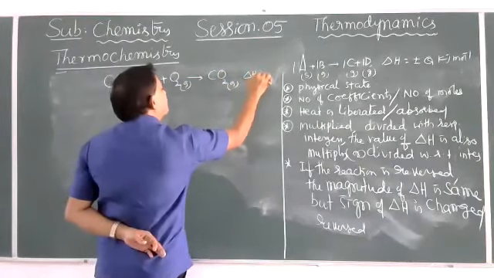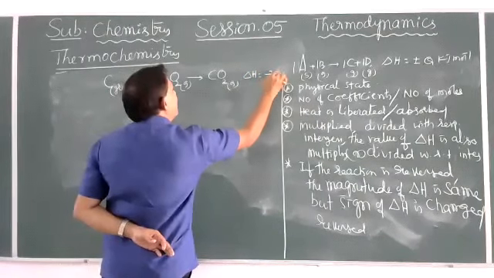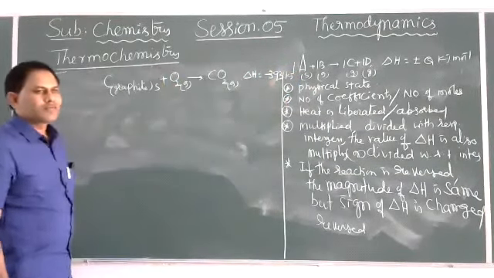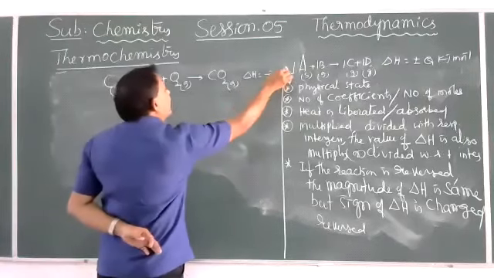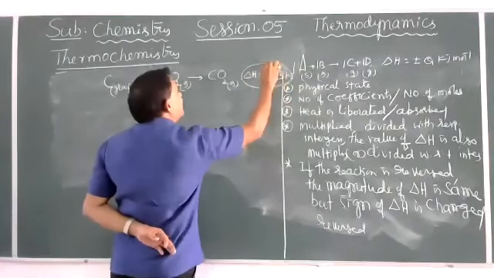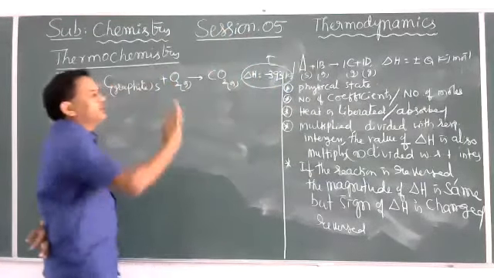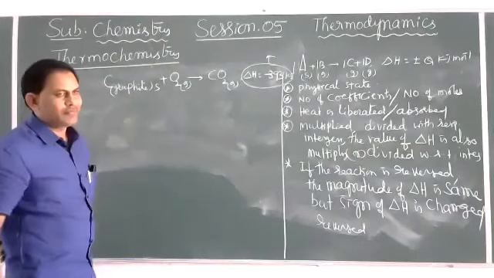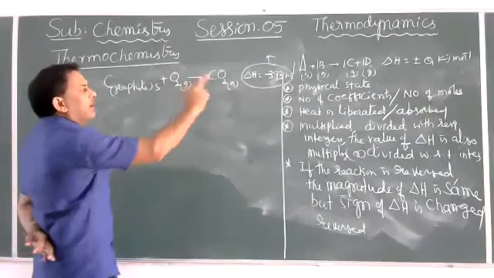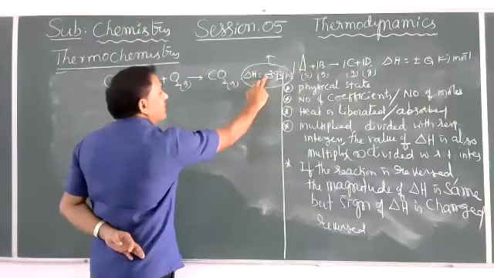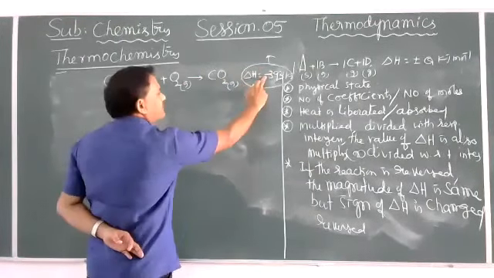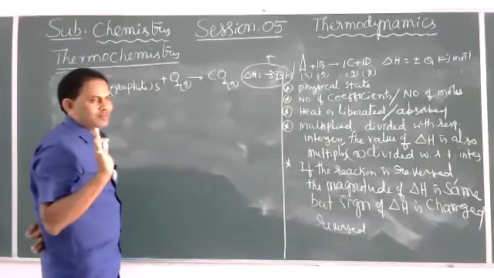Now delta H equals minus 393 kilojoules per mole. This value is experimentally determined by bomb calorimeter. No need to remember it; while doing problems, they will give the value. Just remember, if the delta H value is negative, the reaction is exothermic. That's all.